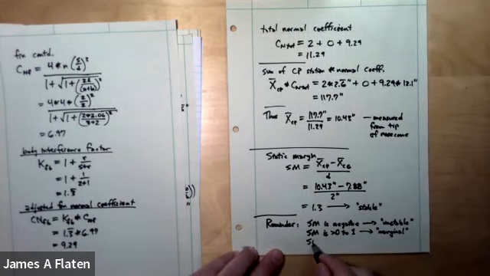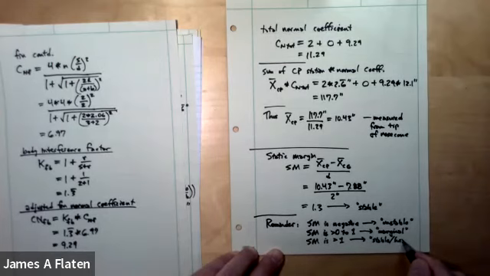If the Sm is greater than 1, that's good, that's healthy. So we're going to call that stable/healthy. On the other hand, if the Sm is greater than some number, 2.5, some other people use an even higher number than that, 2.5 is what Barrowman suggests, that could be considered overstable.